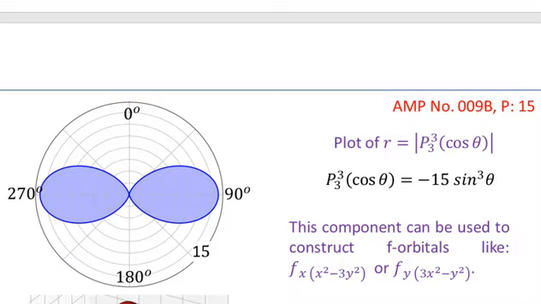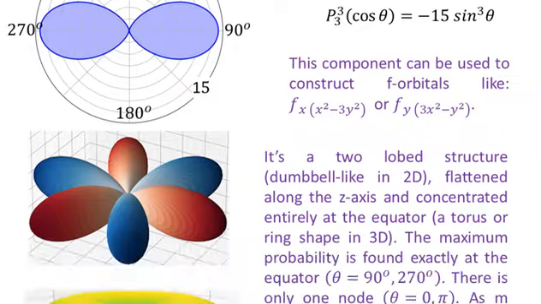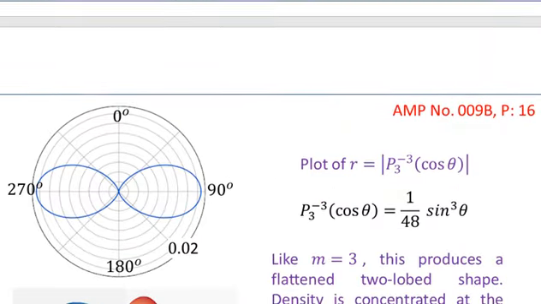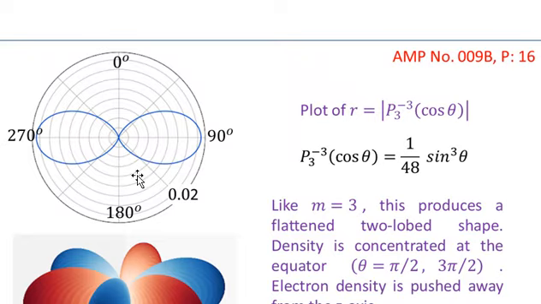But in the P3 minus 3 case, you will notice a decrease in the magnitude, and the wave function will be lying in a radius of 0.02 units. So this is a very small region in which the wave function is constrained.